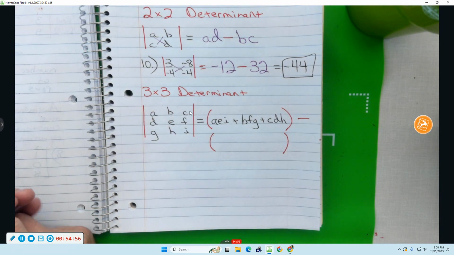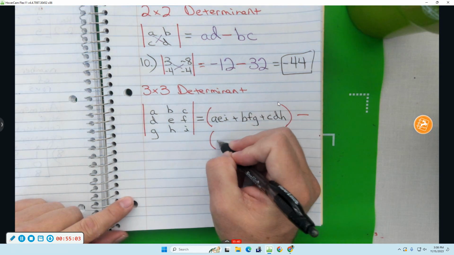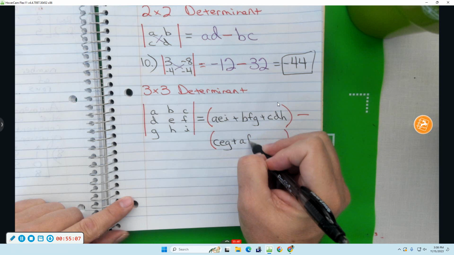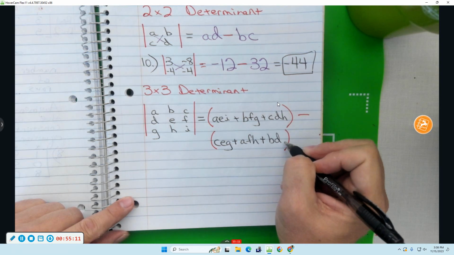Now, we have three other diagonals. Inside the second set of parentheses, it's C times E times G plus A times F times H plus B times D times I.